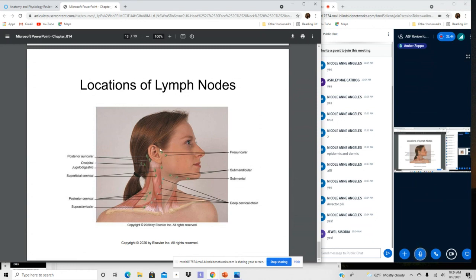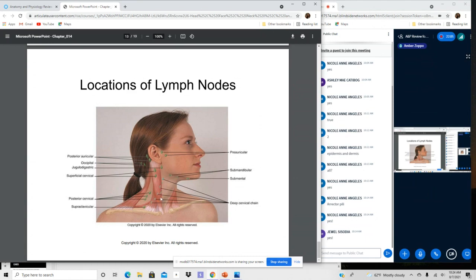So all of these lymph nodes form a ring around the head, and they drain lymph primarily from the face and scalp. Remember, the flow of the lymph goes from the center and then into the side, and all of these drain into the deep cervical chain that you see here.